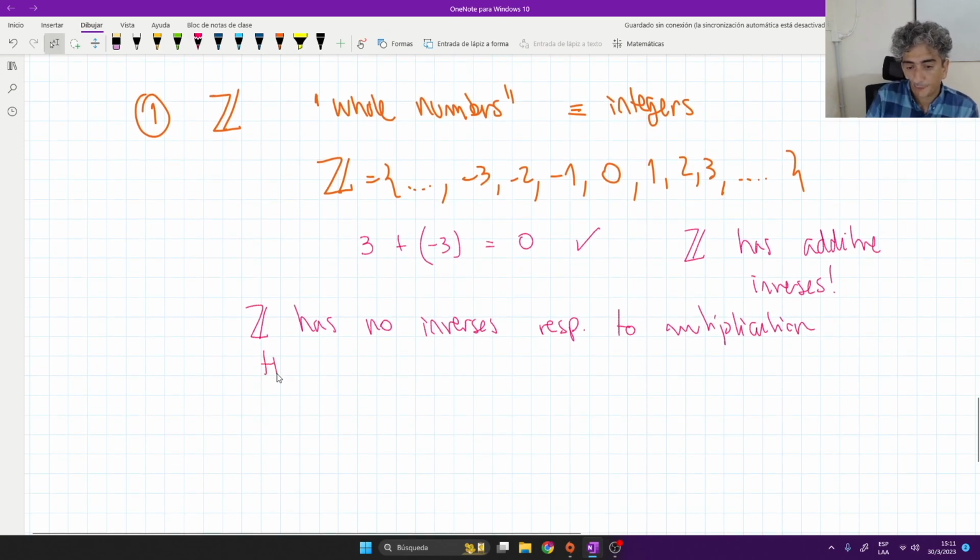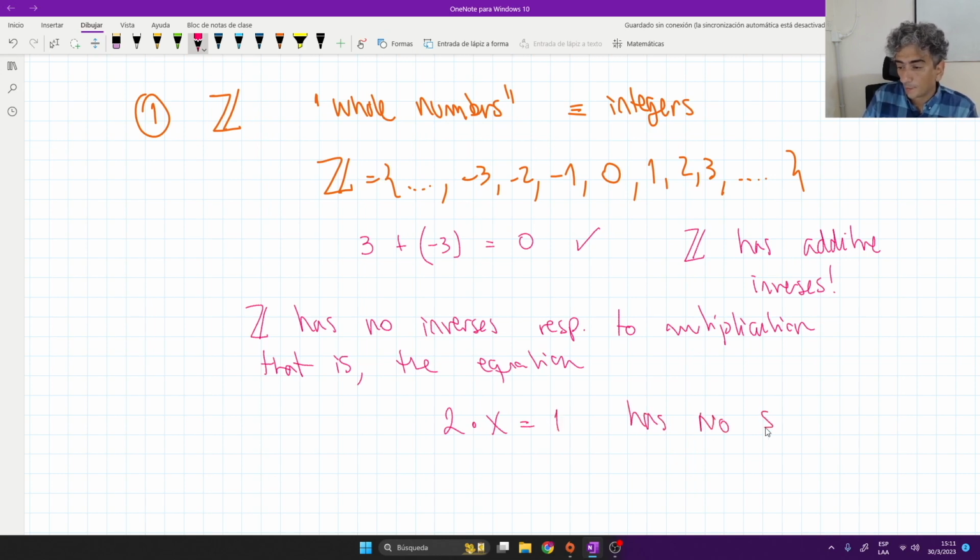That is the equation 2 times x equals 1 has no solution inside.